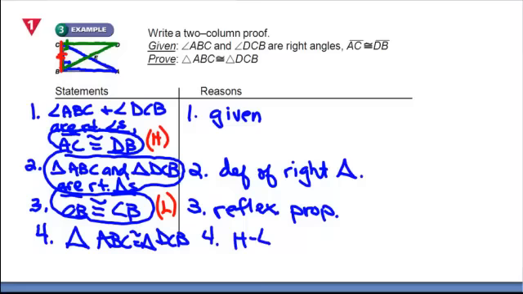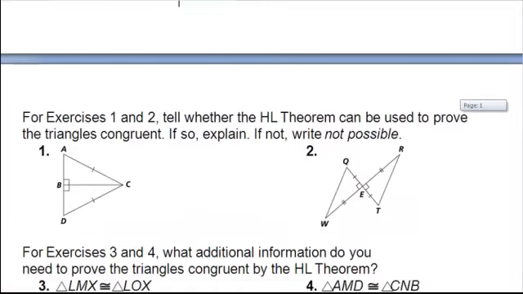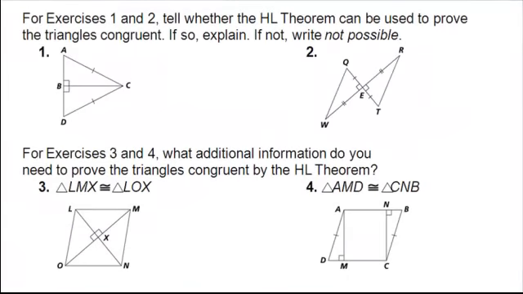Let's just see how you guys are understanding this by doing a couple of problems. And for exercises 1 and 2, tell whether the HL theorem can be used to prove the two triangles are congruent. If so, explain. If not, write not possible. I can mark my common side for the very first one. BC is congruent to itself, reflexive. I definitely can see my two right angles, which means I do have right triangles.